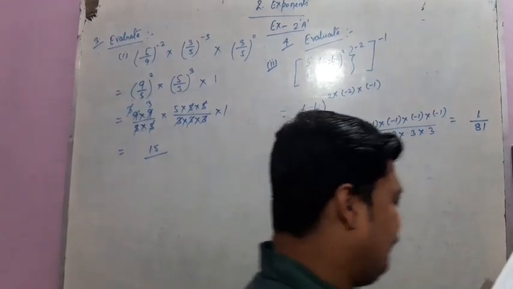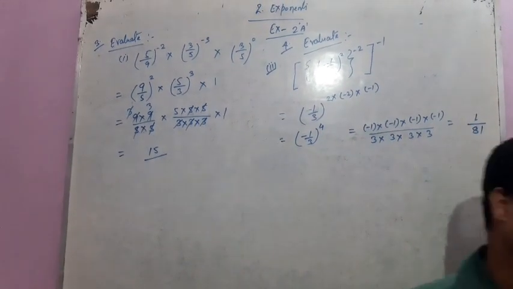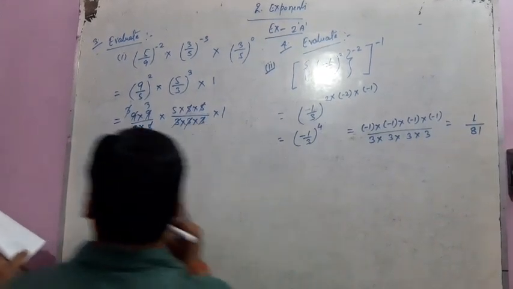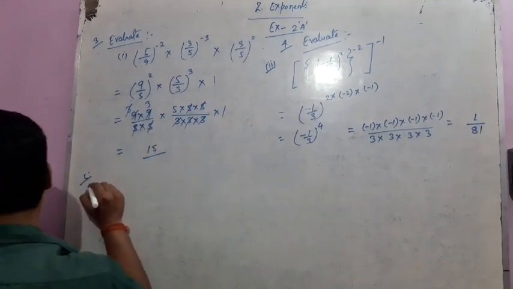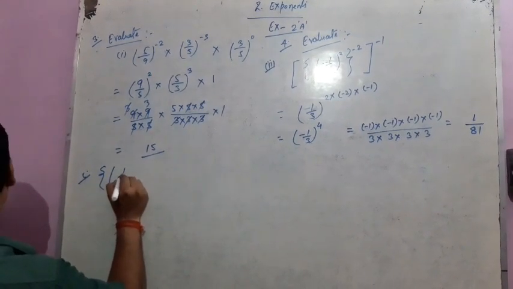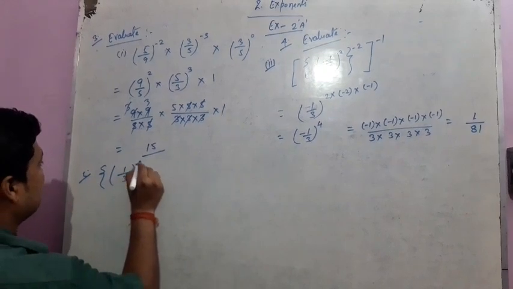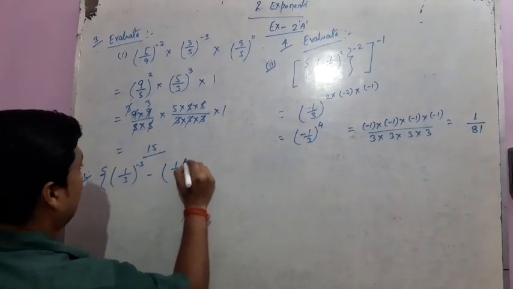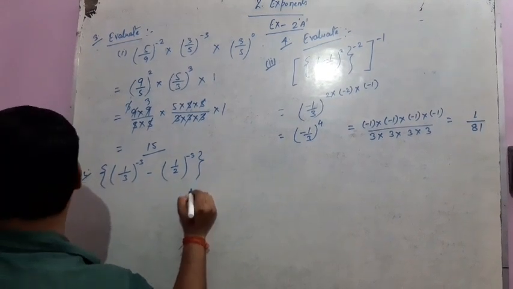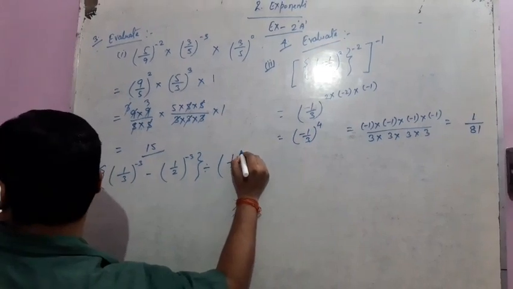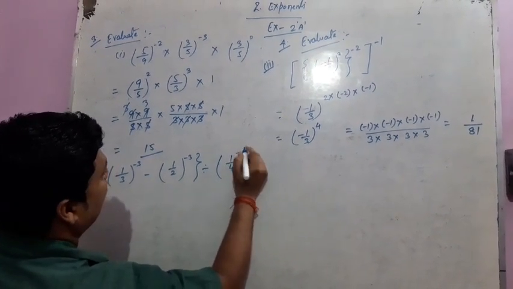Now question number 5 and 6 both are the same. So here we are solving question number 5. In question number 5 it is given that under curly bracket 1 by 3 to the power minus 3 minus 1 by 2 power minus 3 curly bracket close divided by 1 by 4 and power minus 3.